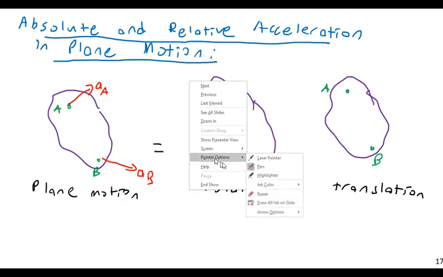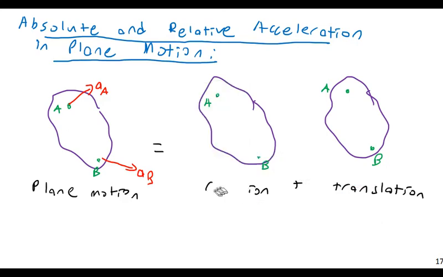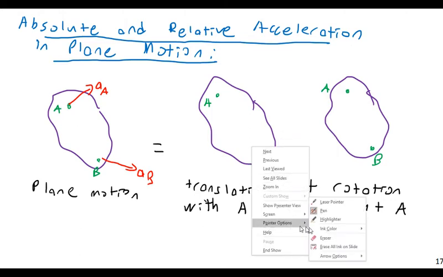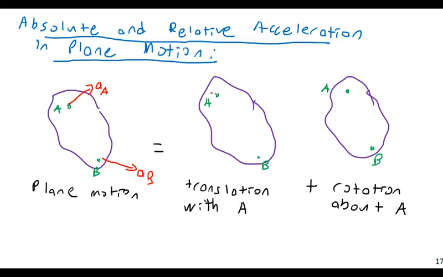And so, oh, you know what? I probably want to have this the other way, translation plus rotation. So let me call this translation with A plus rotation about A. All right, so in the translation with A, I would want to put it in the same direction as the original acceleration AA here.